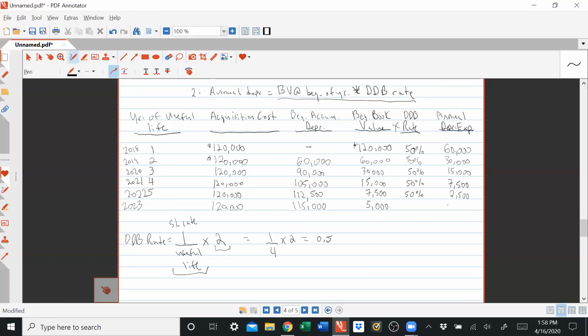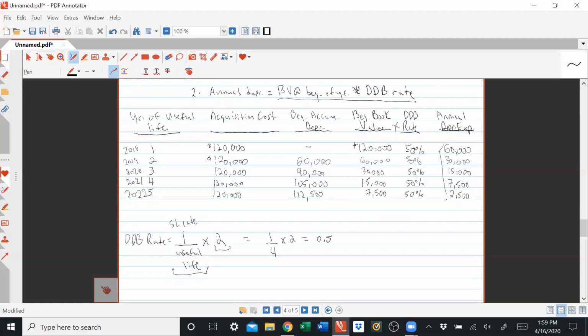So there's no depreciation recognized in 2023, year 6. There's only depreciation recognized in 2018 through 2022. So we can remove this last row. We only created that row to figure out what this number needs to be. Hopefully you guys understand that.